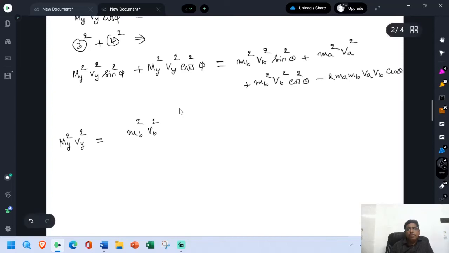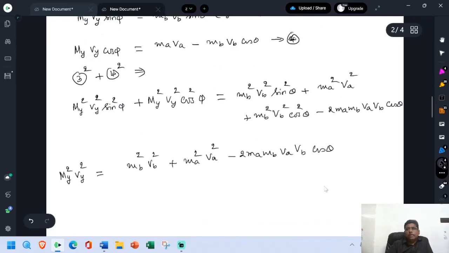Because if you take mb square Vb square outside, we get sin square theta plus cos square theta inside the bracket, which is equal to 1. Plus ma square Va square minus 2 ma mb Va Vb cos theta. So this is equation number 5.